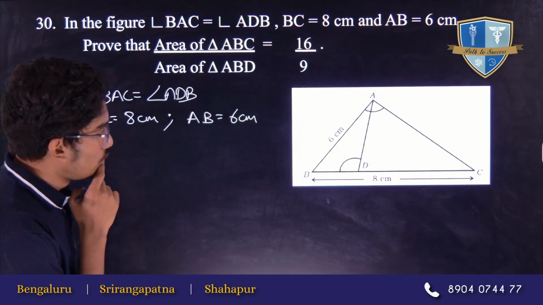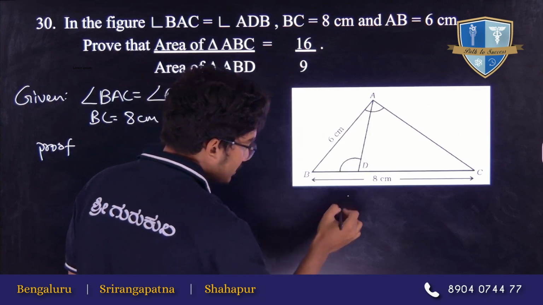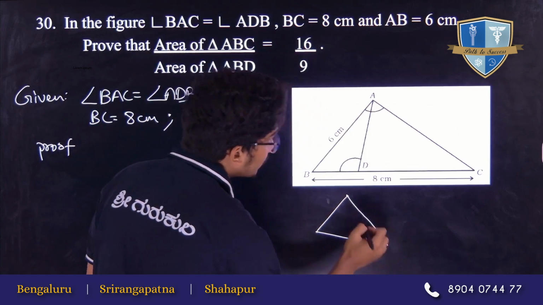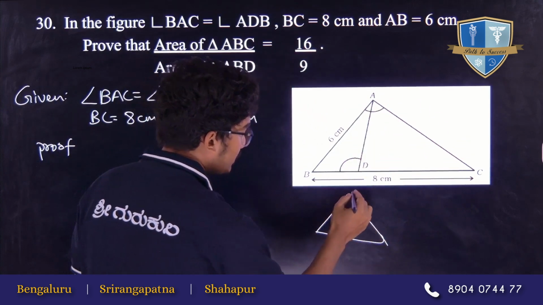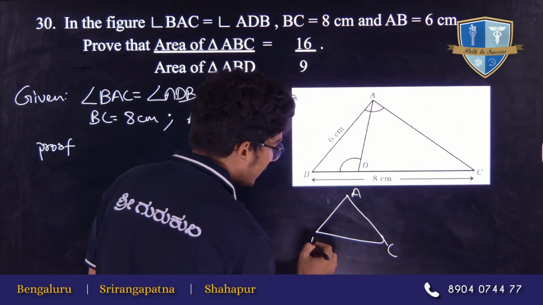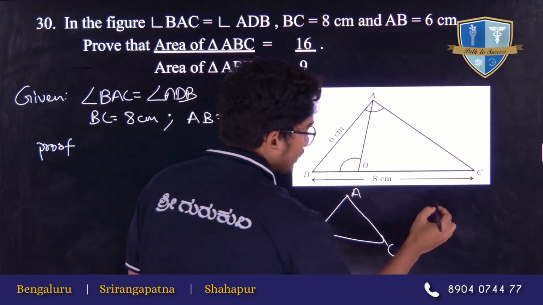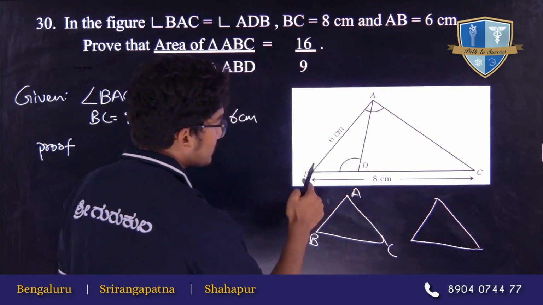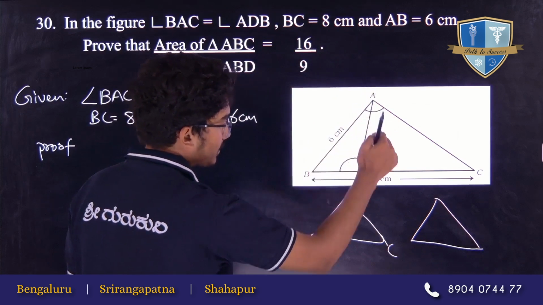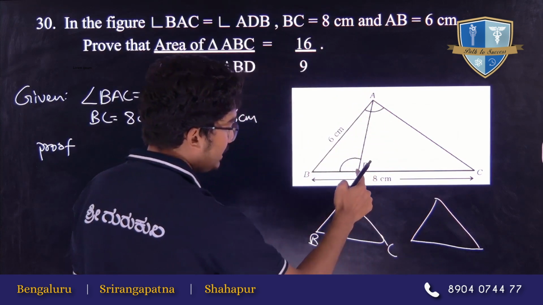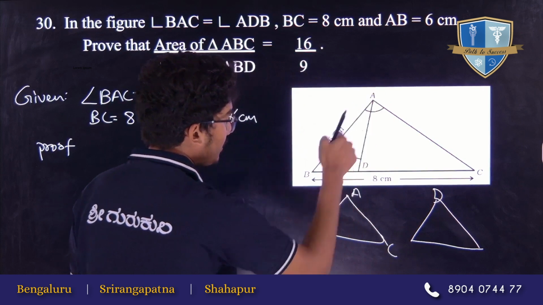Before starting the proof, let's observe these two triangles. Triangle ACB, correct? And another triangle is this smaller triangle, triangle DAB.